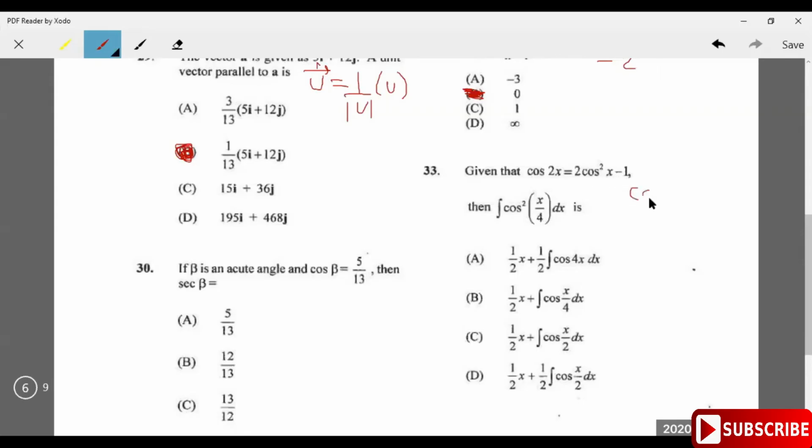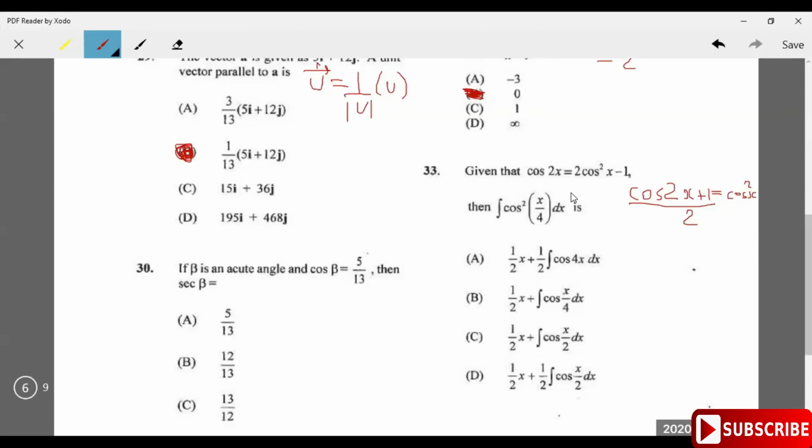So if I add 1 to both sides, I'm getting that cos 2x plus 1 is equal to 2 cos square x, and then I just divide by 2. So cos square x is equal to cos 2x plus 1 over 2, right?